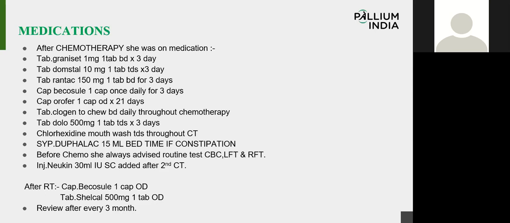So if she is feeling anything, she immediately visits the hospital. And in that family, one girl's mother also had cancer in the past. She had lung cancer with bone metastasis, and she passed away 1 year 3 months after diagnosis.